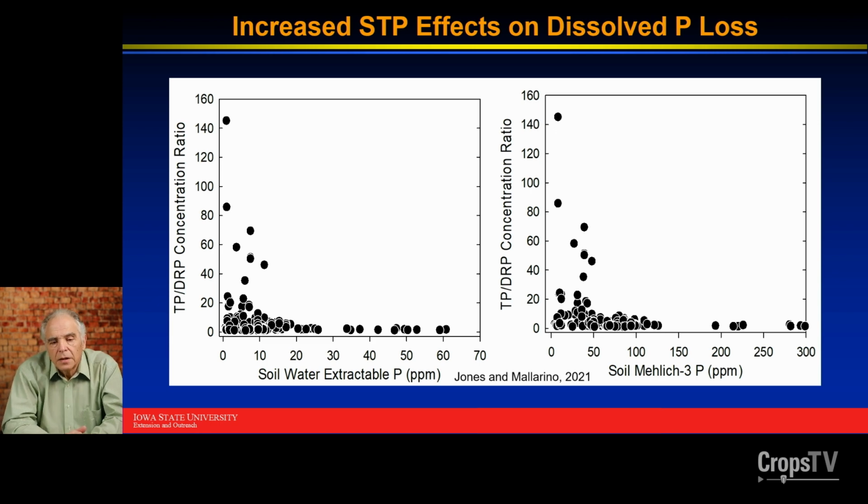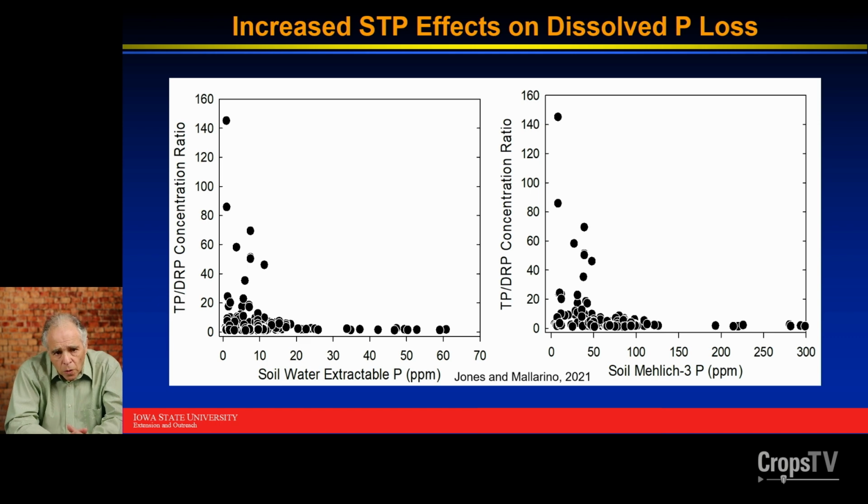On the right, we have the same thing, but for the Mehlich-3 test. And you can see there that until about 10 ppm of the water extractable P and about 50 ppm of the Mehlich-3, the proportion can be extremely low to very high there.